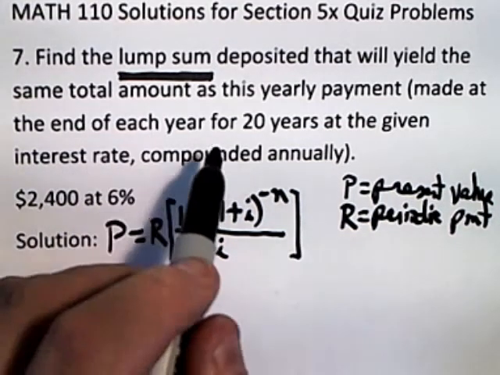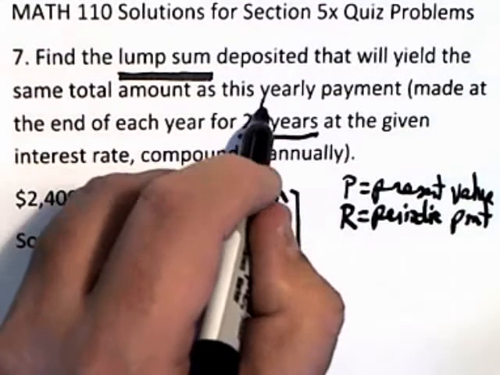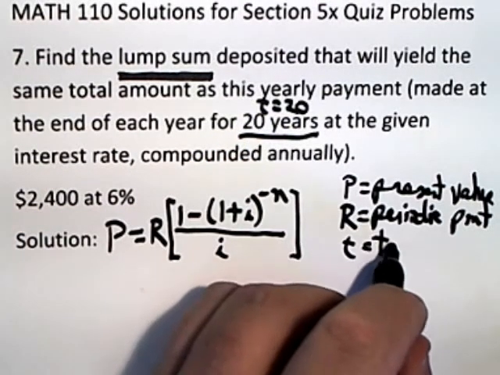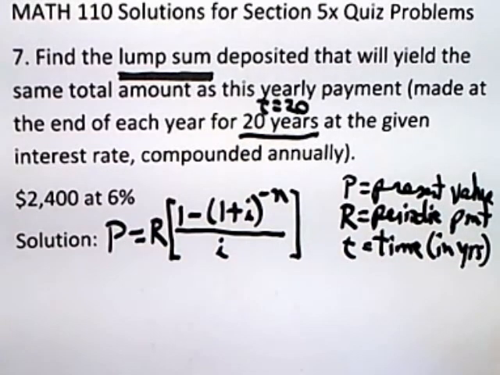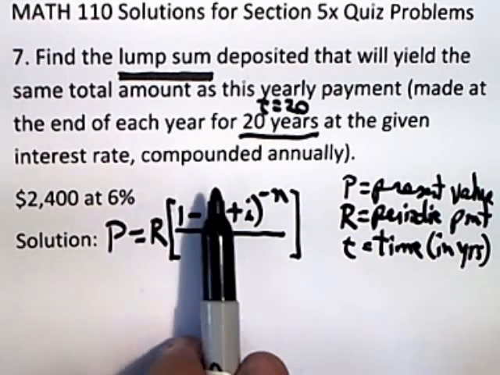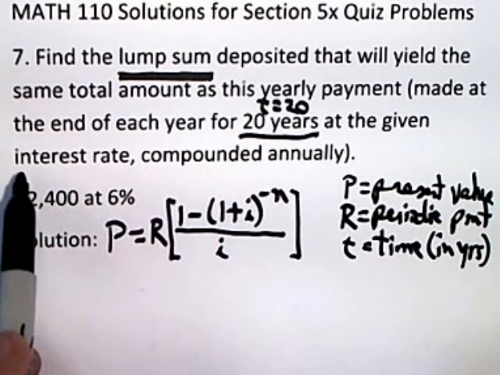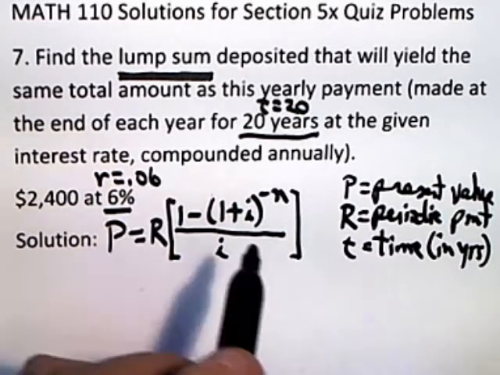Now, we're still going to have the T for the time in years. So here T is 20, but in general, T is the time in years. And we're also going to have an interest rate, which in this case is 6%, so little r is 0.06.